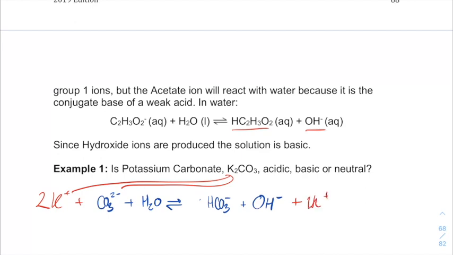And we'll have a reaction with water where we form HCO3-, which is one of the products of carbonic acid. And so this has resulted in the formation of hydroxides, and so hydroxides form from this reaction with water, so the solution is basic.